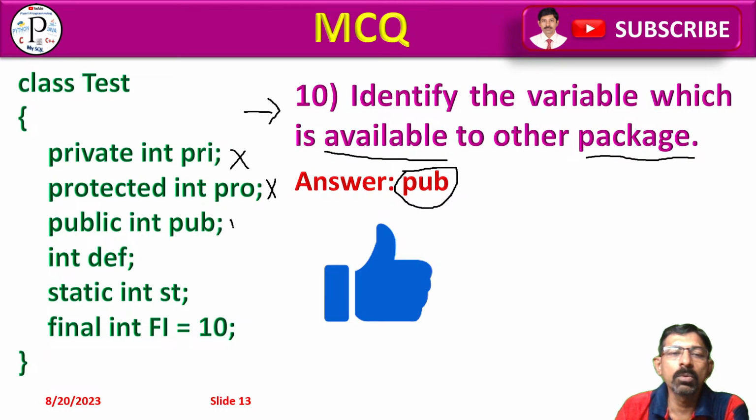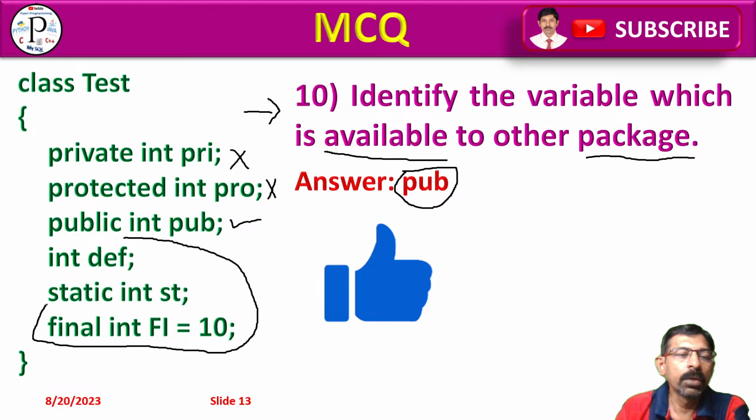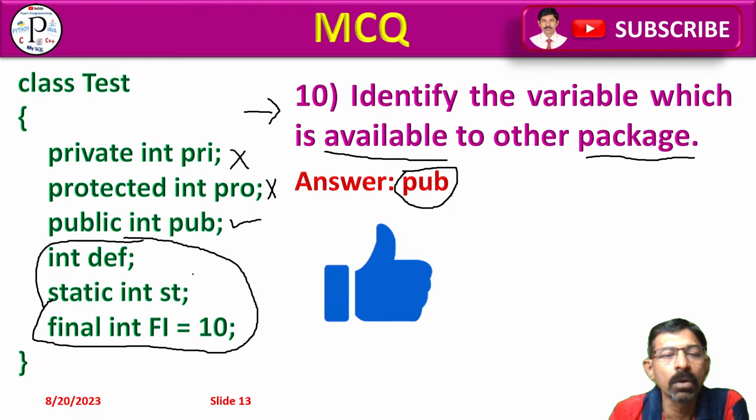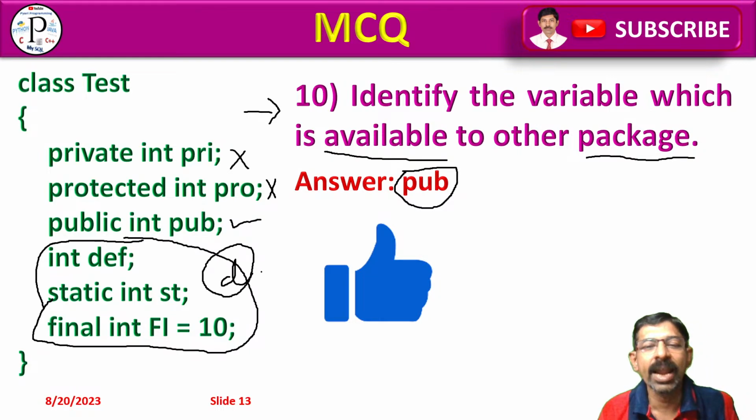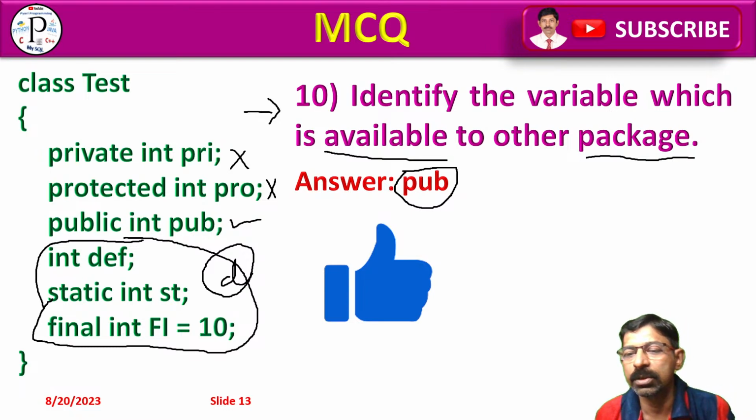Public is available to other packages. These are all default access specifier. If I am not providing any access specifier, its access specifier is default by default. Default access specifier is available within the package in which it is declared. It is not going to be available to other packages.